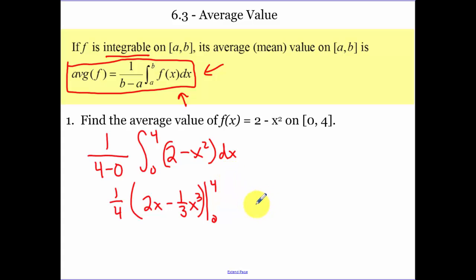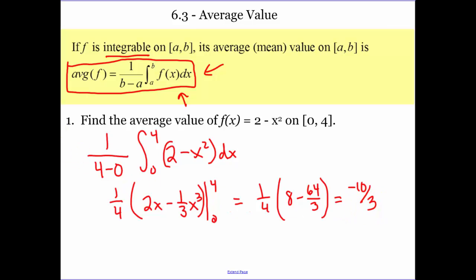When I plug in 4 and I evaluate that, I get 8 minus 64 over 3. When I plug in 0, I get 0, so it really doesn't matter. So simplifying that, we get negative 10/3.